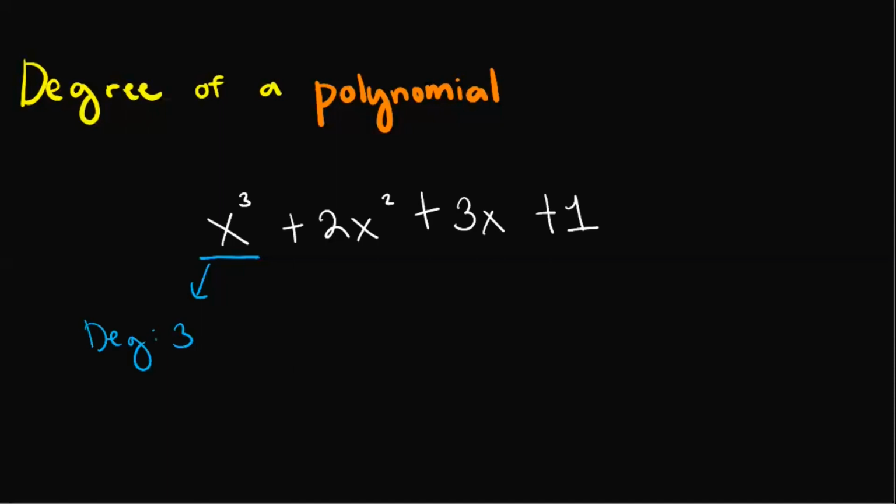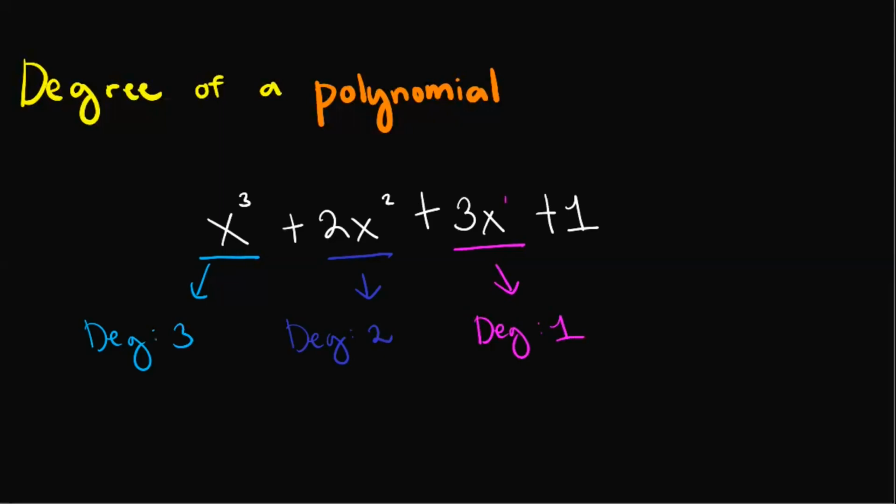For the next one, its degree is 2, since the variable is x and its exponent is 2. For this one, 3x, its degree is 1, since its variable is x and that exponent we know is 1.